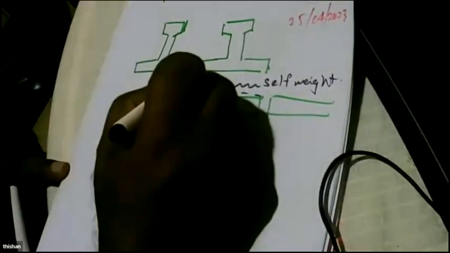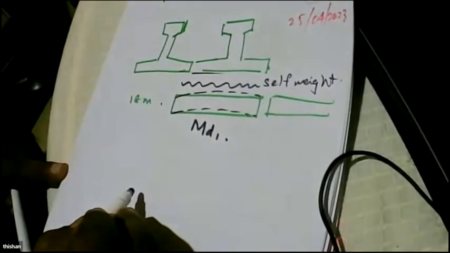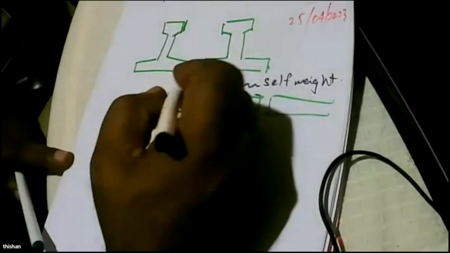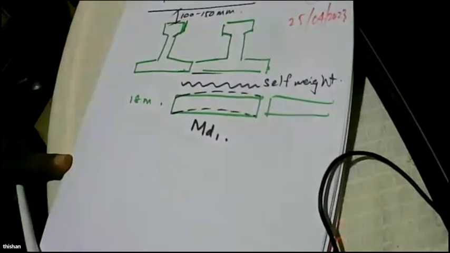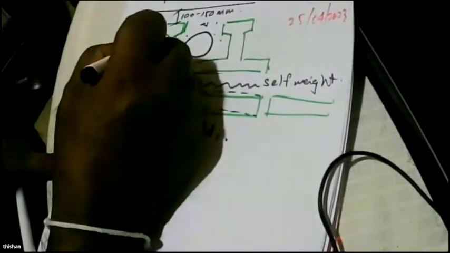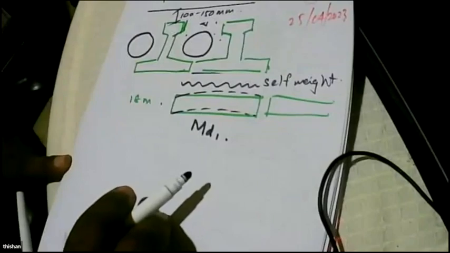Okay. So then we place the beams like this, and with about 100 to 150 millimeter cover here, we place concrete. And sometimes people even use void formers here, but that is considered not a very appropriate one.